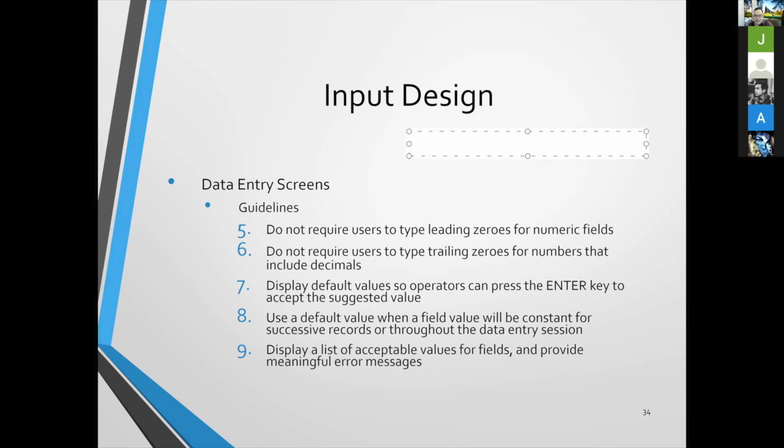After that, number 7, display default value so operators can press the enter key to accept the suggested value. That means you may have some default values for them first.